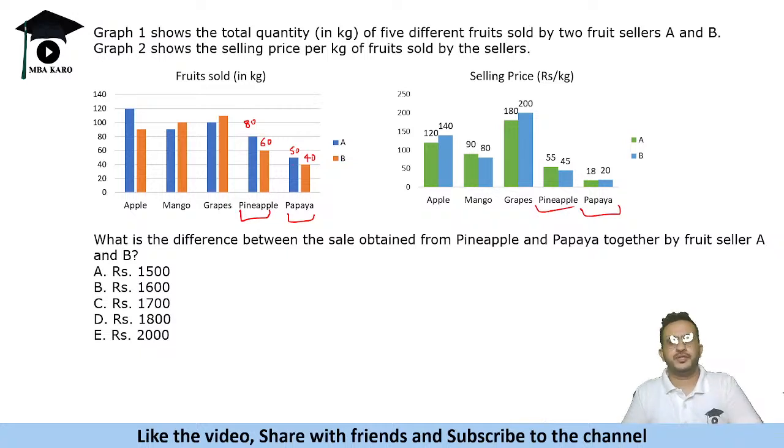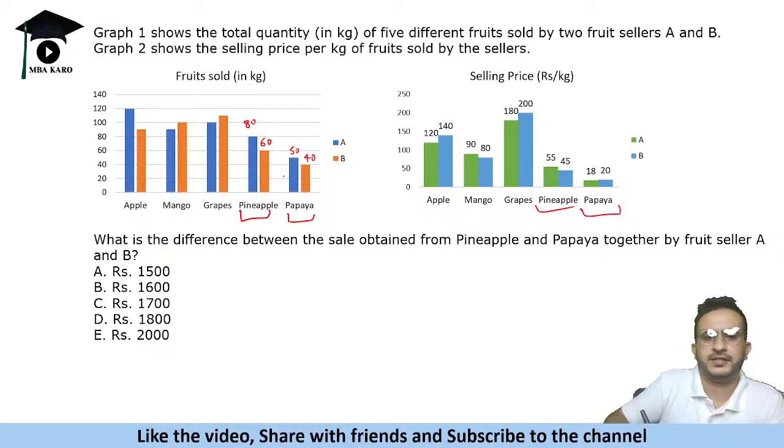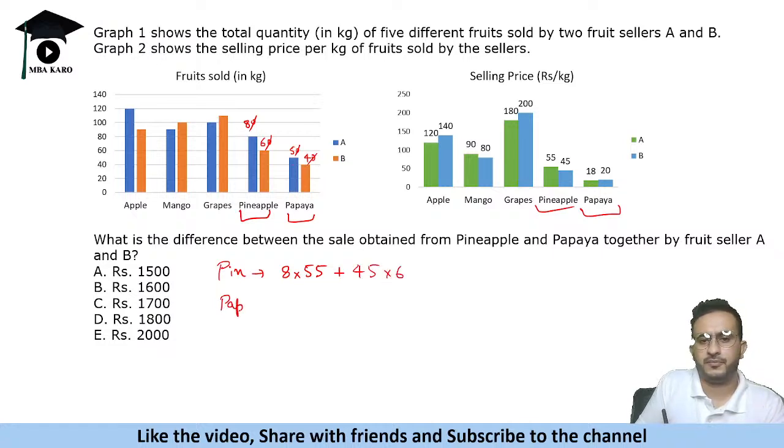So what we can do is again we can reduce it by one zero everywhere. So we can say pineapple is 8 into 55 plus 45 into 6. Okay. And papaya, if we talk about it, is 5 into 18 plus 4 into 20.